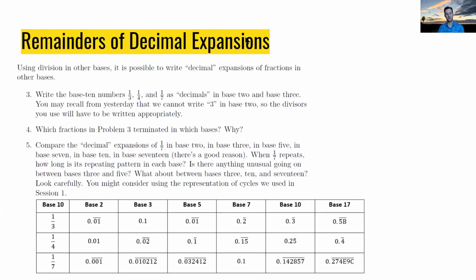One thing we realized was that just like in base 10, because that's 2 times 5, only fractions with denominators that are powers of 2 and/or powers of 5 will terminate. In base 3, only fractions with powers of 3 terminate. In base 4, only powers of 2 terminate. In base 5, only powers of 5 terminate.